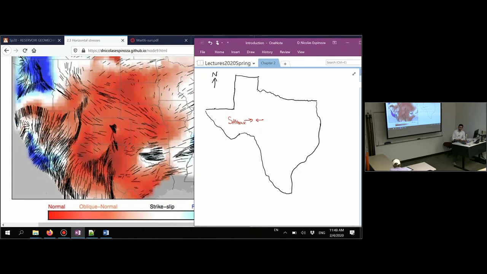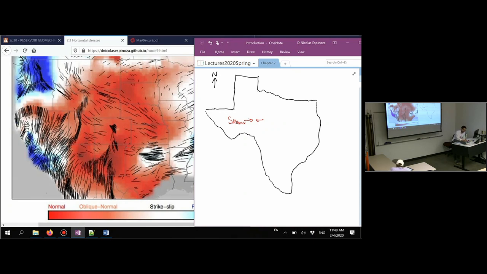And the question was what direction we will drill a horizontal wellbore so that we have multiple hydraulic fractures. So in order to answer that, we need to know the orientation of the minimum principal stress.